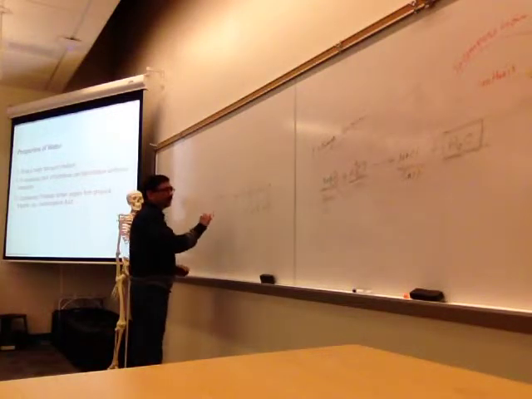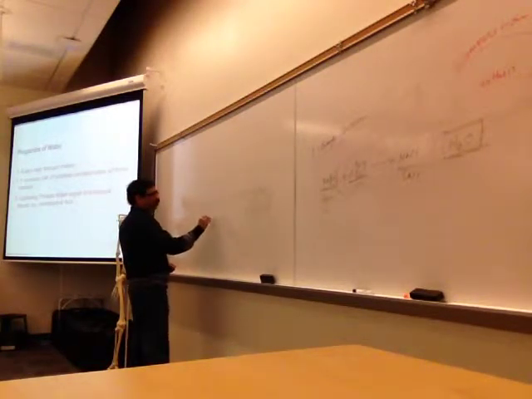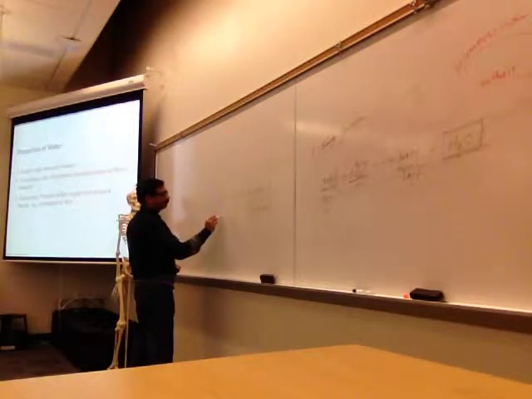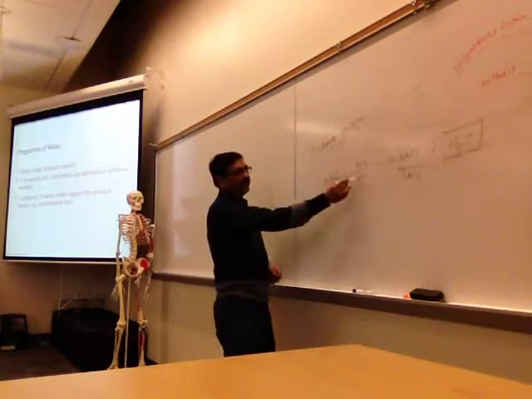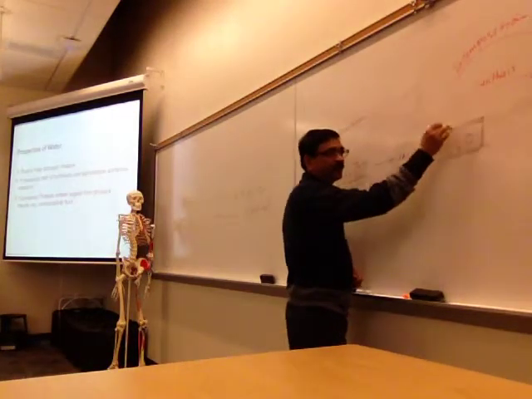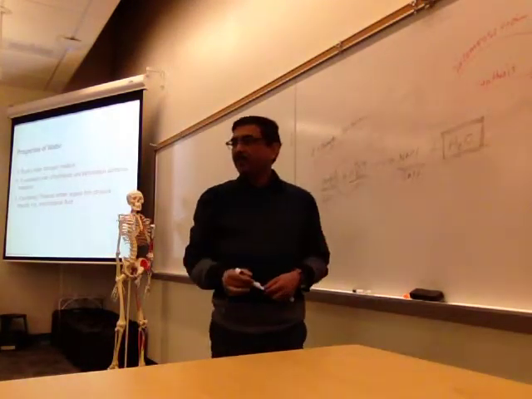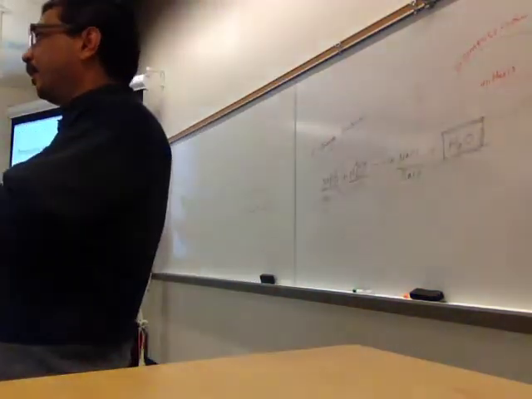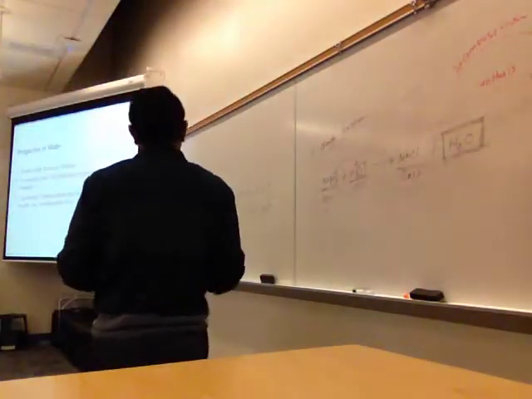In some chemical reactions, water will be formed or produced. For example, I have already shown you here. You see, in this chemical reaction, water is formed. So, in some chemical reactions, water will be produced, and in some chemical reactions, water will be used.